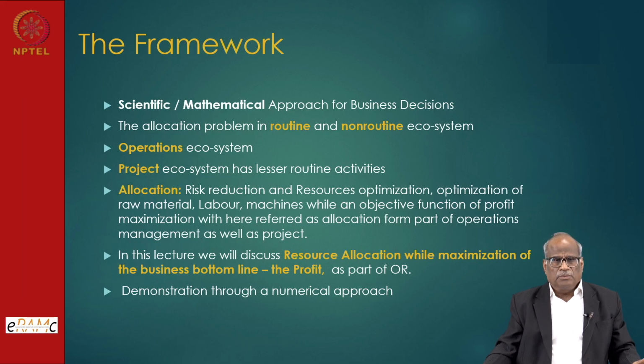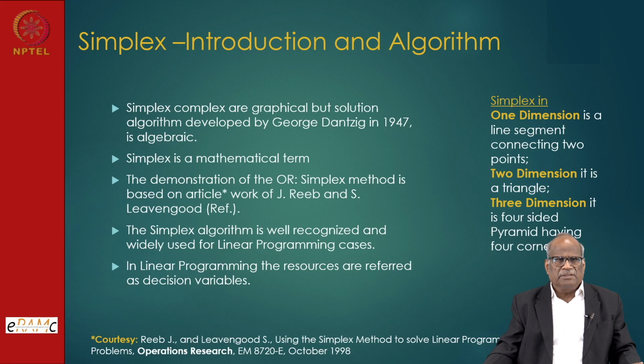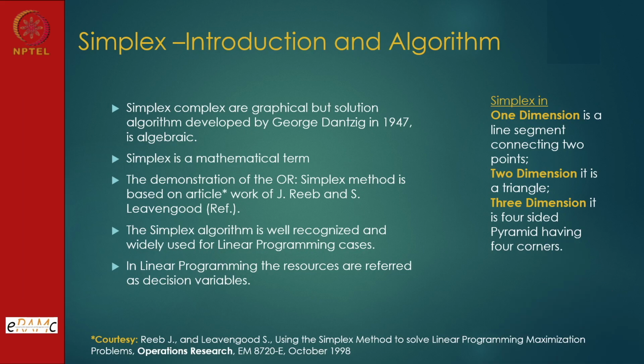We call this type of problem a problem of allocation of whatever variables we have in terms of optimizing a function. In this lecture, we will discuss resource allocation while maximizing the business bottom line, that is the profit, through one numerical example that we will consider to demonstrate it. Now, Simplex, what is the Simplex algorithm?